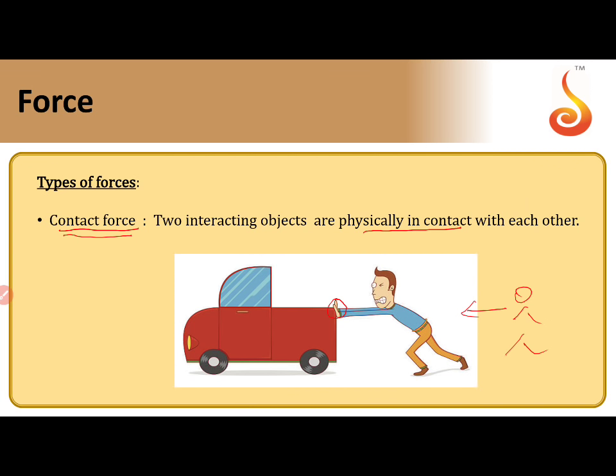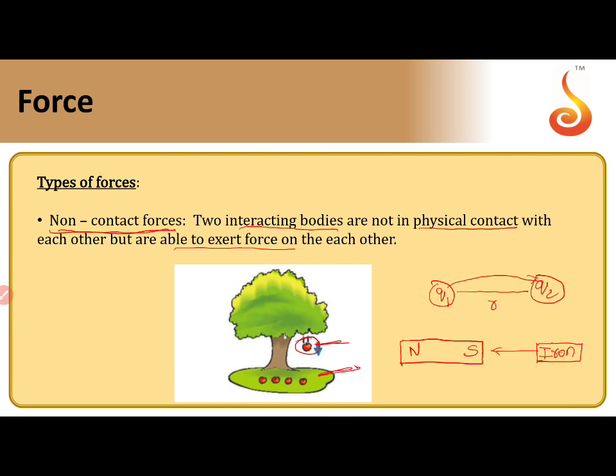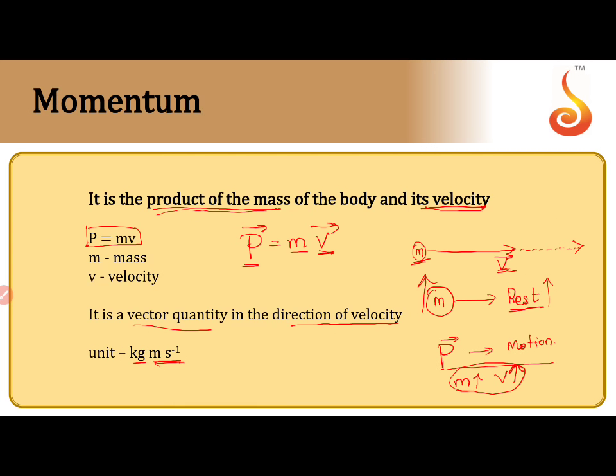There are two types of forces. One is contact force. In this case, for contact force to act between two bodies, there is a need of physical contact. Non-contact force, though the two bodies are not in physical contact, still they exert a force on each other.